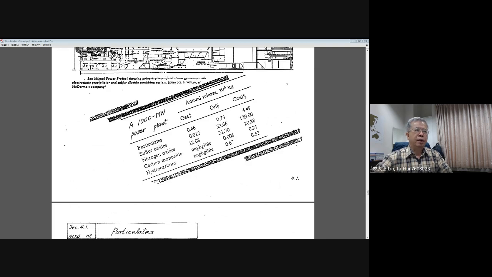For particulates, sulfur dioxide, and nitrogen oxides, you can find that coal always has the largest emissions of particulates, SOx and NOx. And natural gas, when you burn natural gas, you have fewer particulates and sulfur dioxide pollutants.